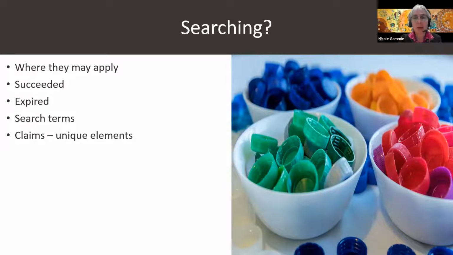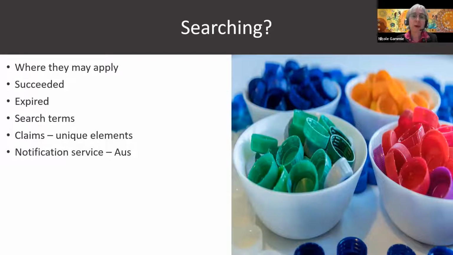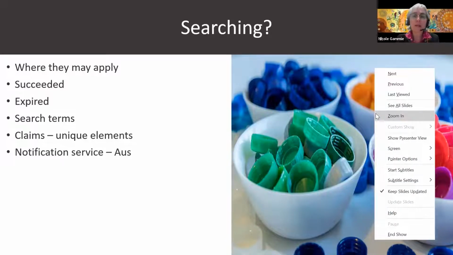And there are a couple of ways, which I'll show you in a sec, in terms of some of the places you can look to give you some ideas about search terms. With any claims, what we're talking about here is those unique elements, so that also might be something you're looking at when thinking about your search. One nice thing is that if you are following some patents, certainly here in Australia, you can get a notification service.